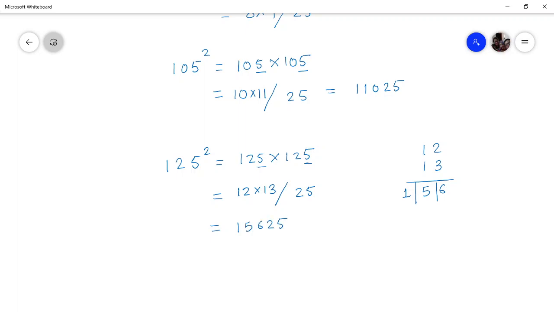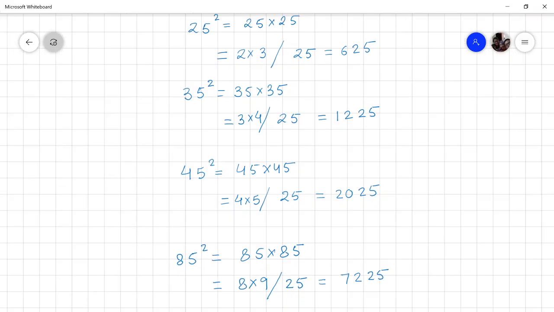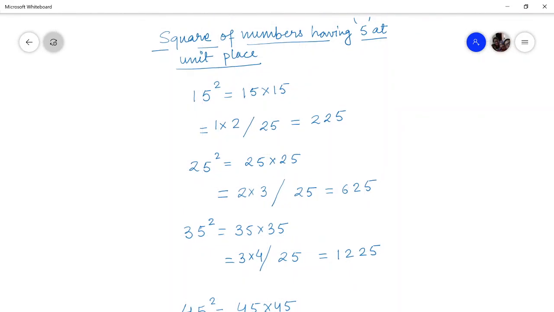Simple. So in this way you can square any number which is ending with 5. Once again I am repeating, you just have to square this 5, or multiply these two, and you will get this part. Then here, whatever the number is, you add 1 to that number and multiply, and you will get the square of that number.